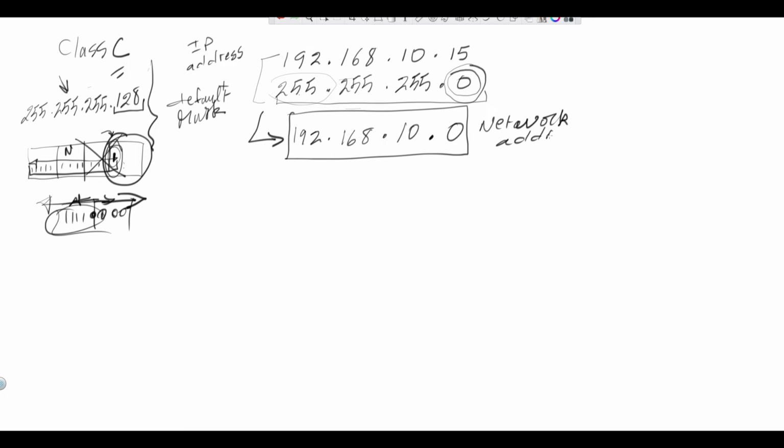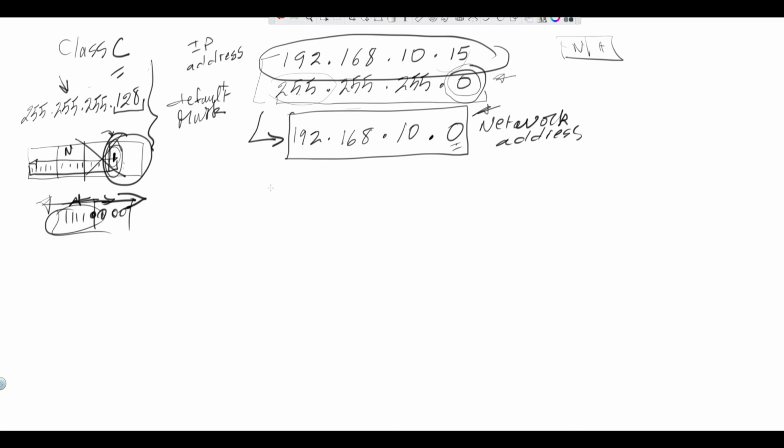The actual network address. This device. Remember, a device is always network and host, so it's a combination of the two. But we're interested now in the actual network. This is this network. So we know this is reserved. And since we're using a default mask, let's be clear, for this particular host, you have this network, only one network.